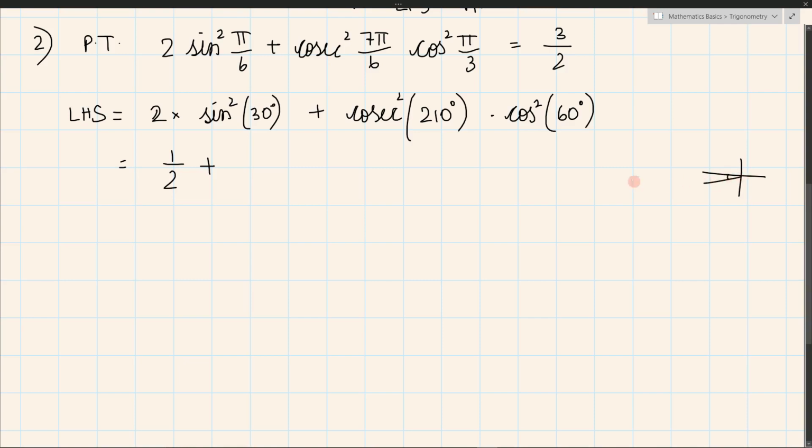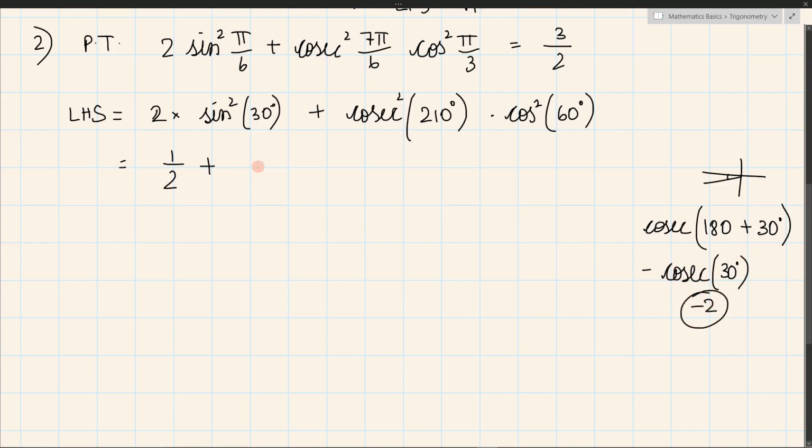So we can write this as cosec of 180 plus 30 degrees. Since this is in the third quadrant, we'll get minus cosec of 30 degrees. Cosec 30 degrees is nothing but 1 by 1/2, that is 2. We'll have minus 2 as this value.